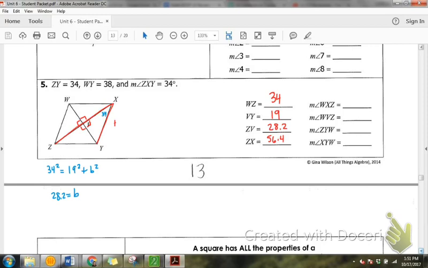Okay, if this is 34, remember in a rhombus, the diagonal splits it, right? So if this side of the line is 34, then up here is also 34. So in a rhombus, we know that that gets split. And then that means that both the angles down by Z are both how much? They're both 34 and 34, okay?